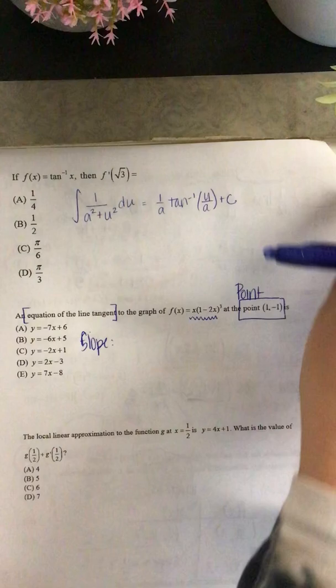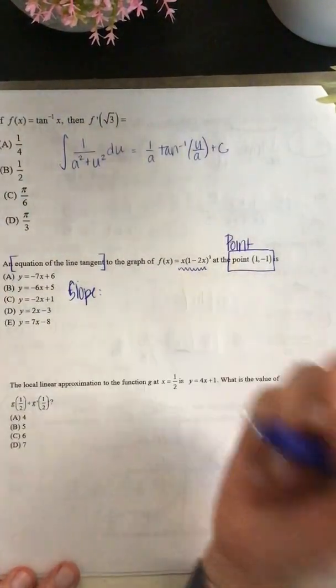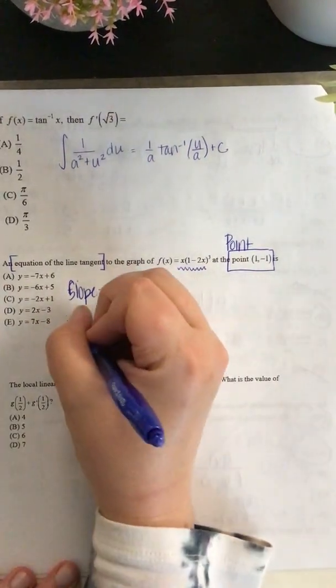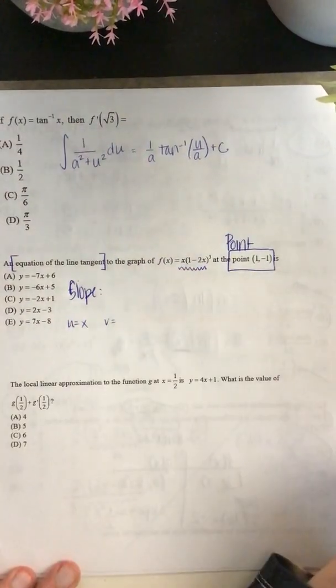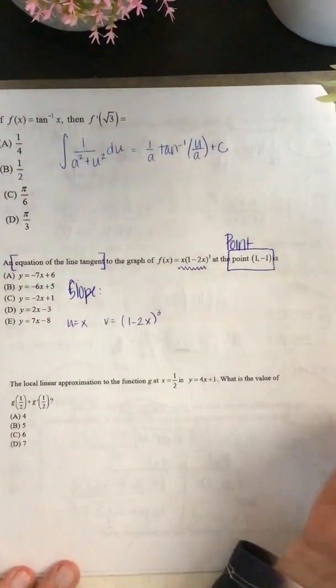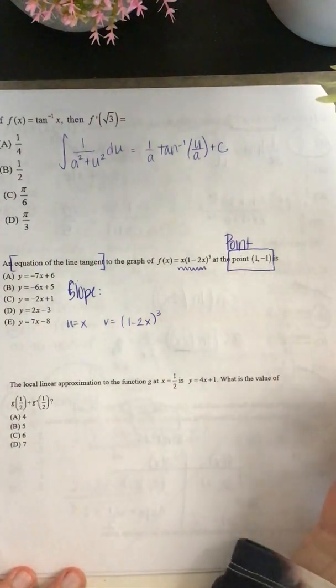Product, quotient, chain. That would be product, very good. So my u is going to be what? X. My v is going to be what? 1 minus 2x cubed. To the third, and then we're just going to take the derivative of that and then plug in our point to know the slope.